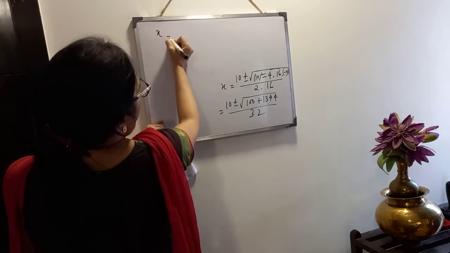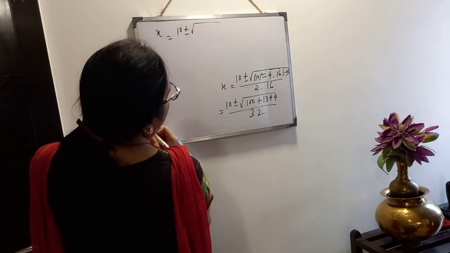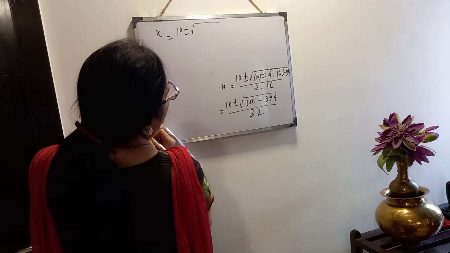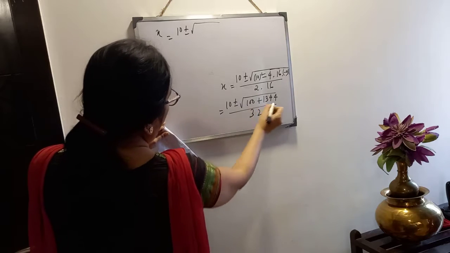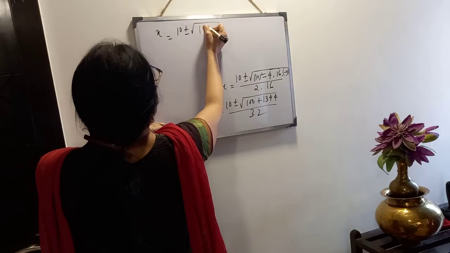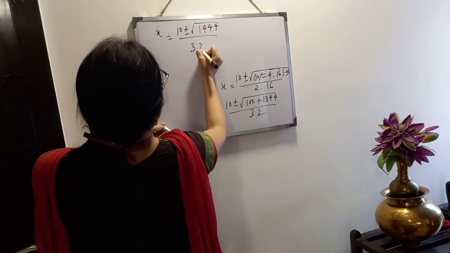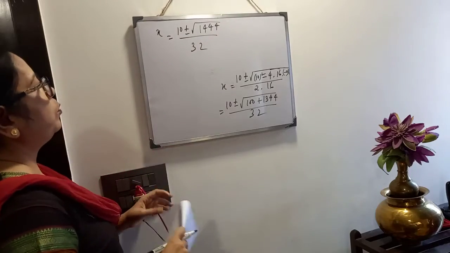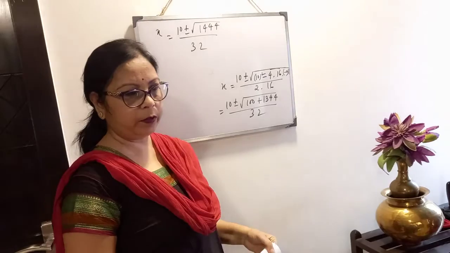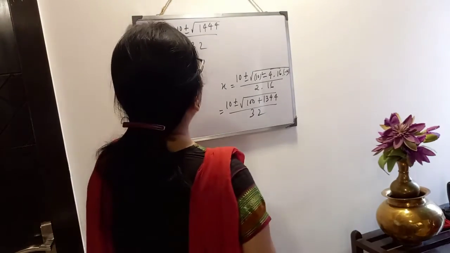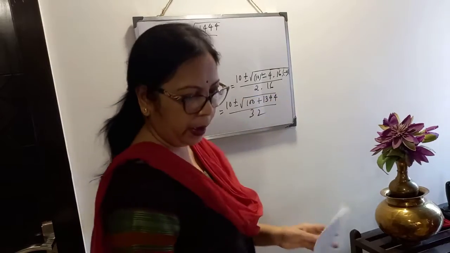x equals to 10 plus minus root over 1344 means 1444. After adding, it is coming 1444 by 32. Now you have to calculate the square root of 1444. You will say that square root of 1444 is 28.